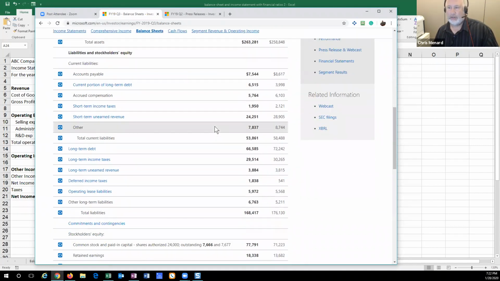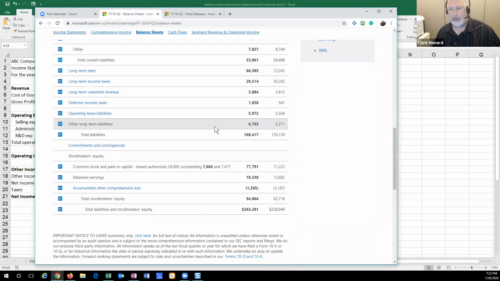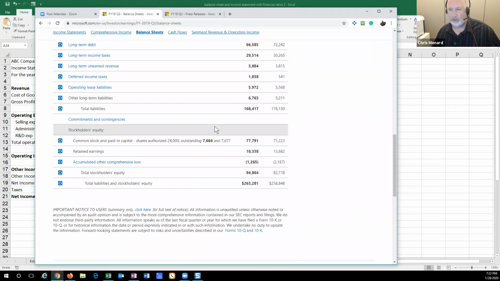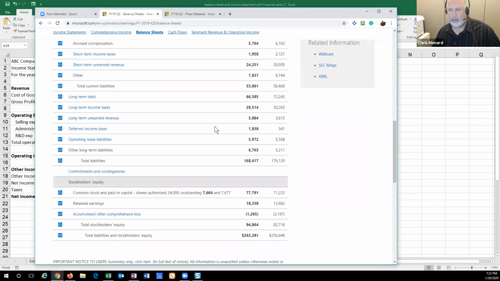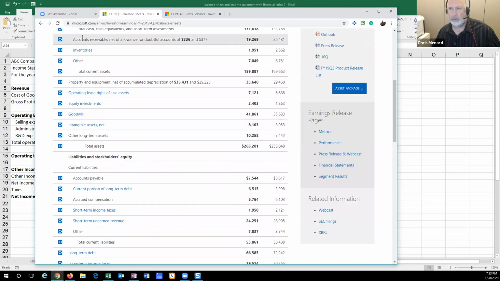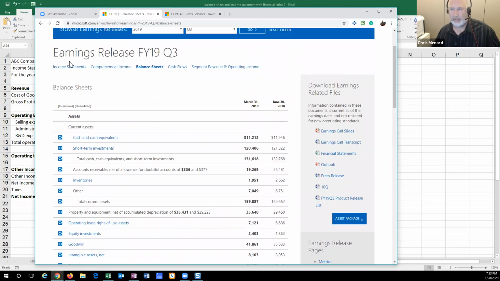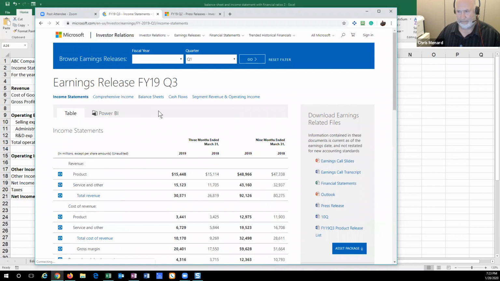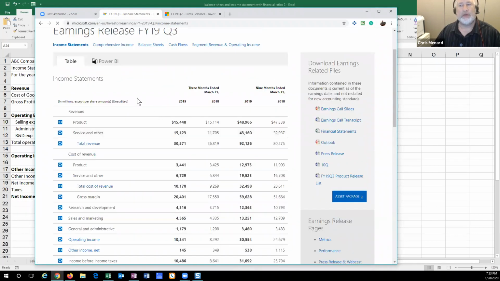Before I run into this next one, I want to show you back on their income statement. So I'm jumping around just for a second. Now we're looking at their income statement. There's their gross revenue.